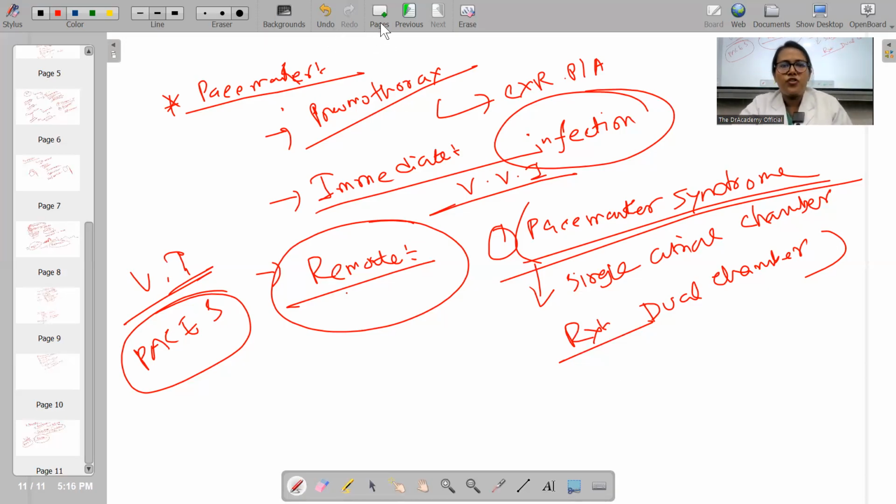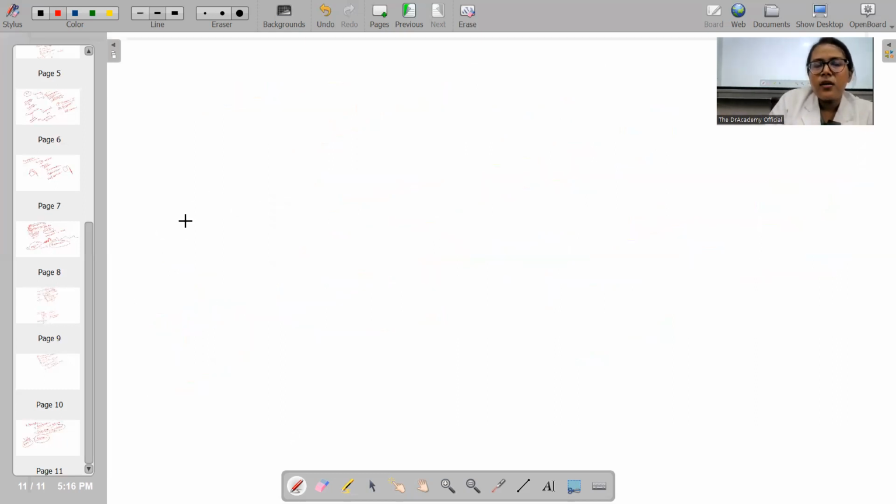I will not go on any more regarding the pacemaker. Just remember that in the ECG, for part 2 written, I will try to draw one. Okay, so look for the spikes. For example, this is the P wave, this is Q, this is R.